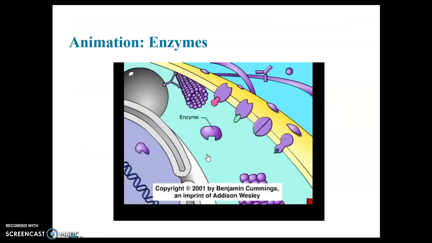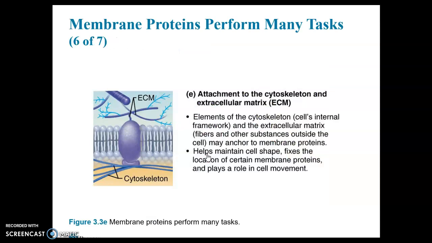So it will recognize it and not attack it. Okay. There's an animation on enzymes, slide number 28. And then we have attachment to the cytoskeleton and extracellular matrix. Elements of the cytoskeleton, which are structural proteins, help connect the cell to the extracellular matrix, which is going to be a substance that helps hold the cells and the tissues together.